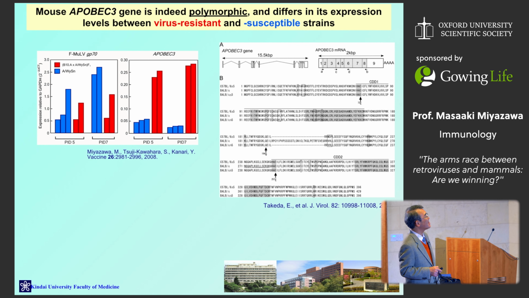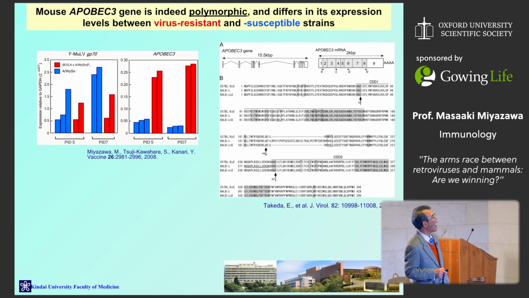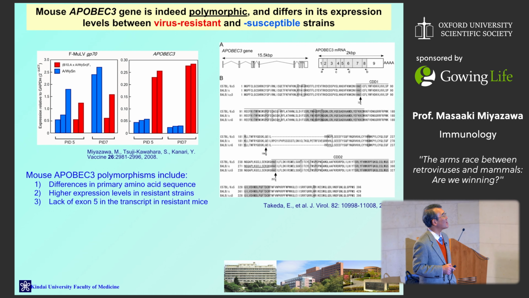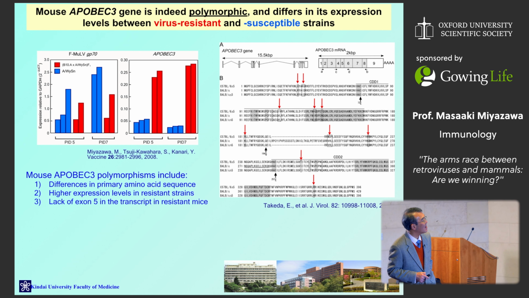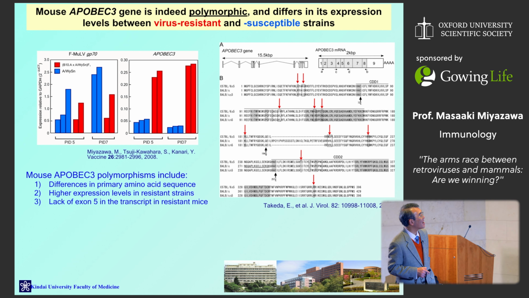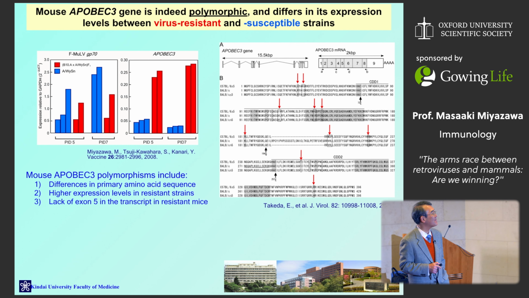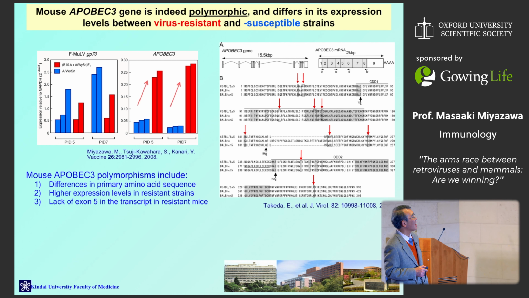So here, resistant strain expresses higher level of ApoBec3 compared to the susceptible strains. And there are amino acid substitutions between the resistant ApoBec3 and susceptible ApoBec3. And interestingly, the resistant ApoBec3 lacks this area. This is encoded by exon 5. Okay?